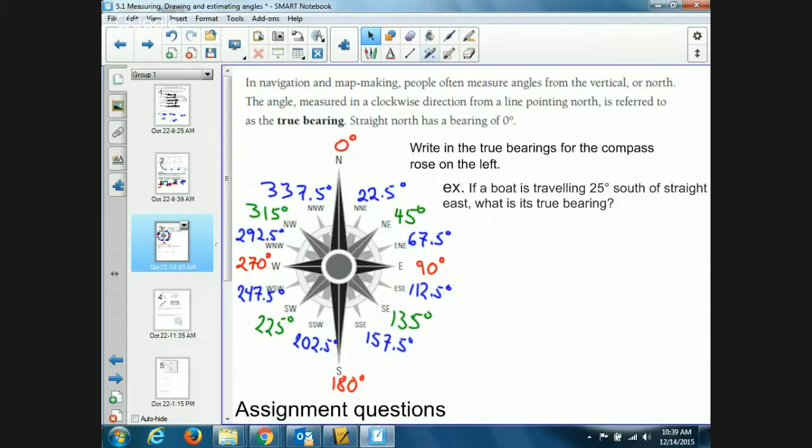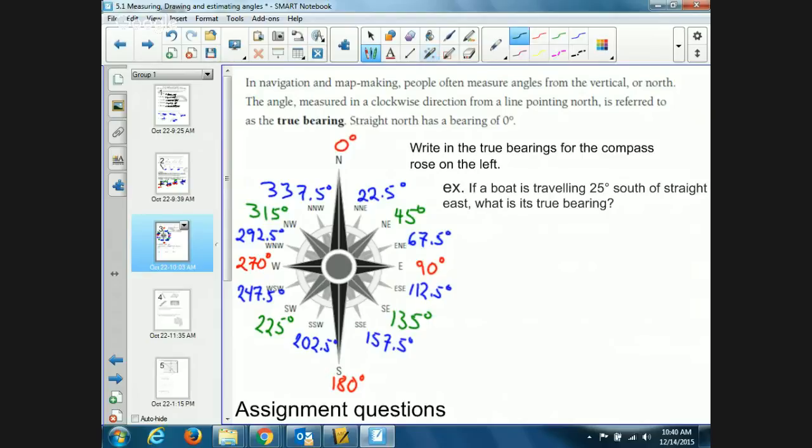Now, the last thing, if a boat is traveling 25 degrees south of straight east, what is its true bearing? So that means using this system. Now, you'll notice 25 degrees south doesn't fall straight on one of these compass markings. Maybe you won't notice, but trust me, you don't.